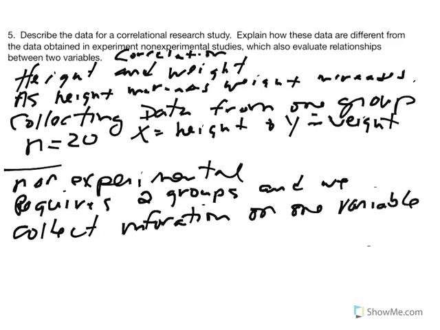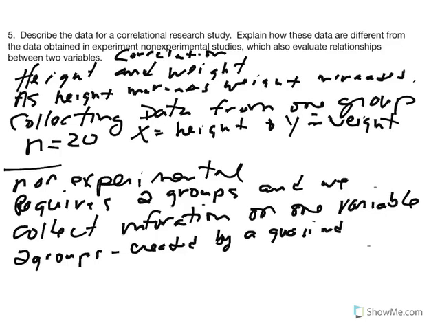Okay, so the two groups are created by a quasi-independent variable. Okay, so again, example would be males versus females.